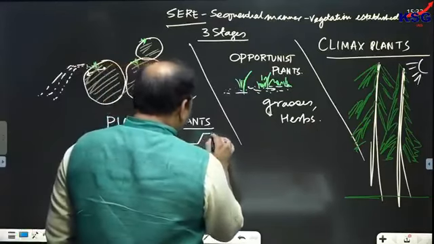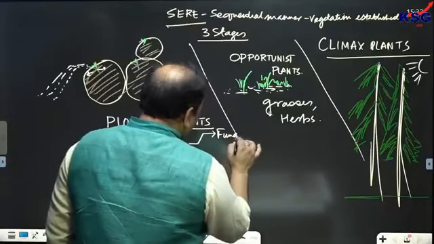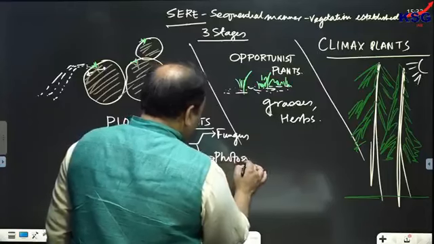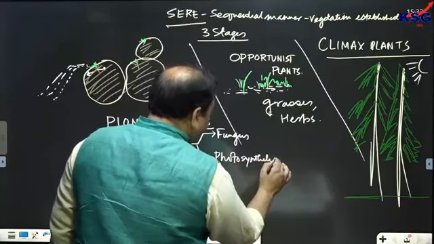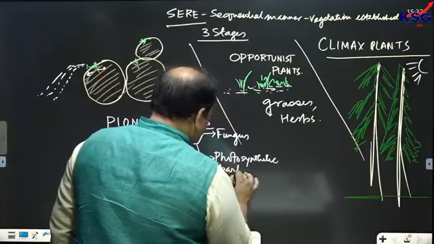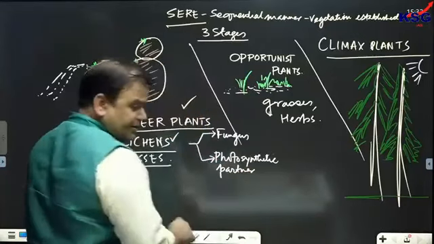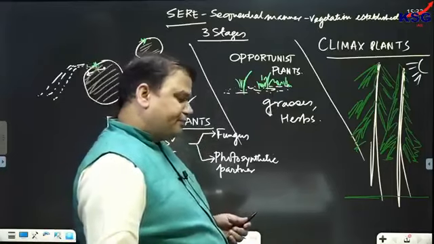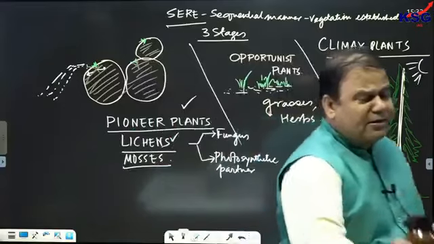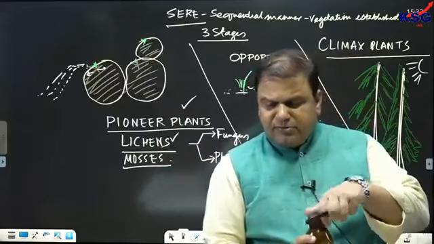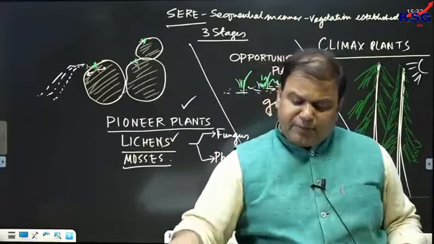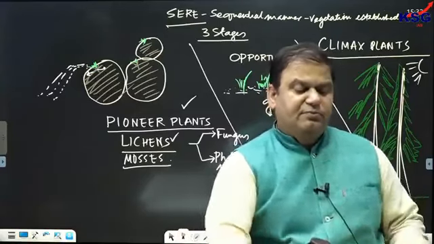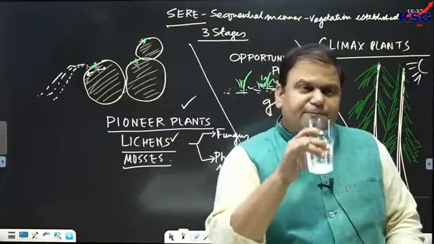Lichens are a combination of fungus with a photosynthetic partner, which is generally an algae, but sometimes can be bacteria.